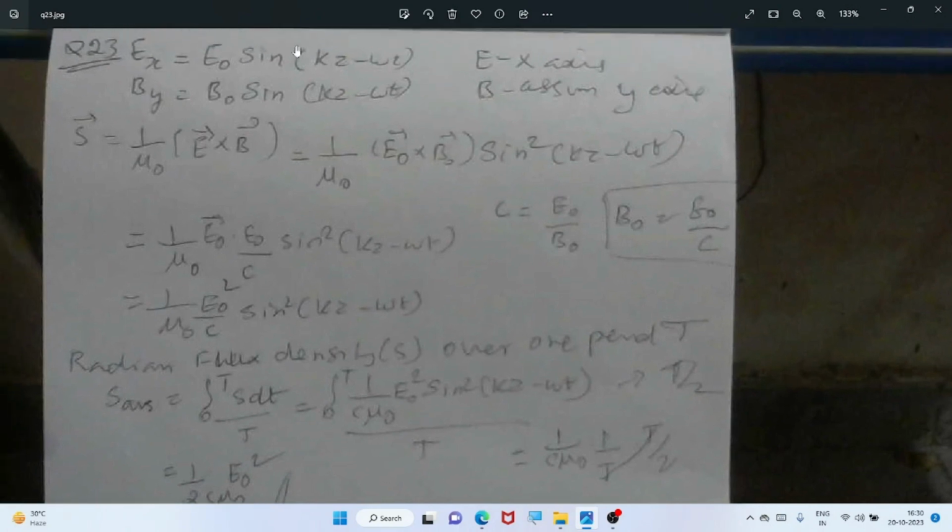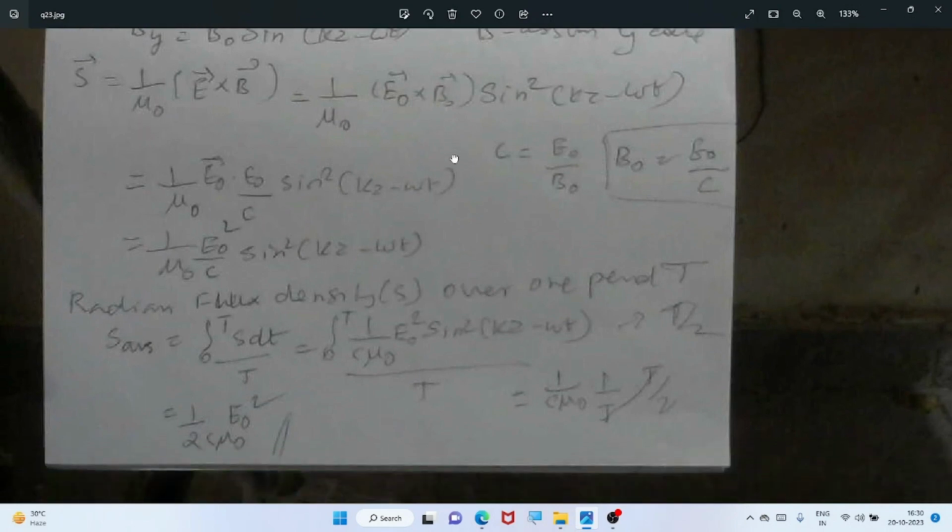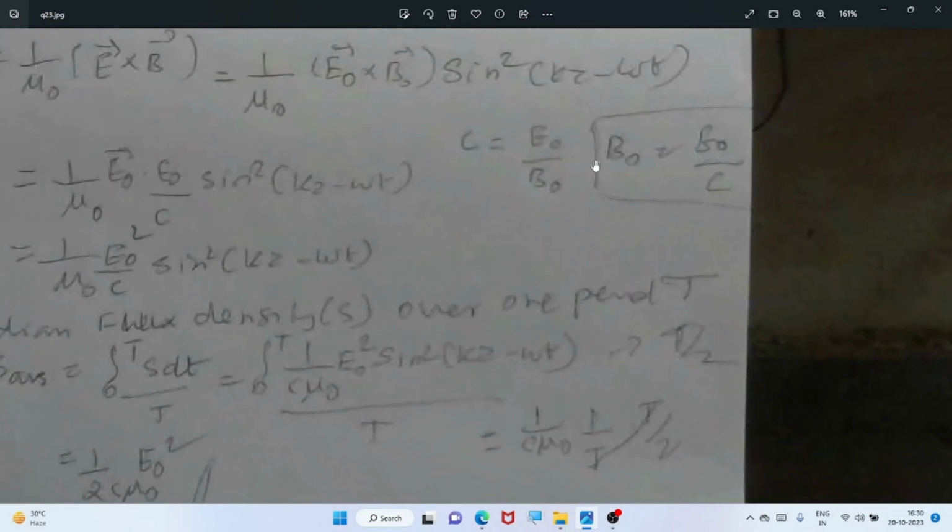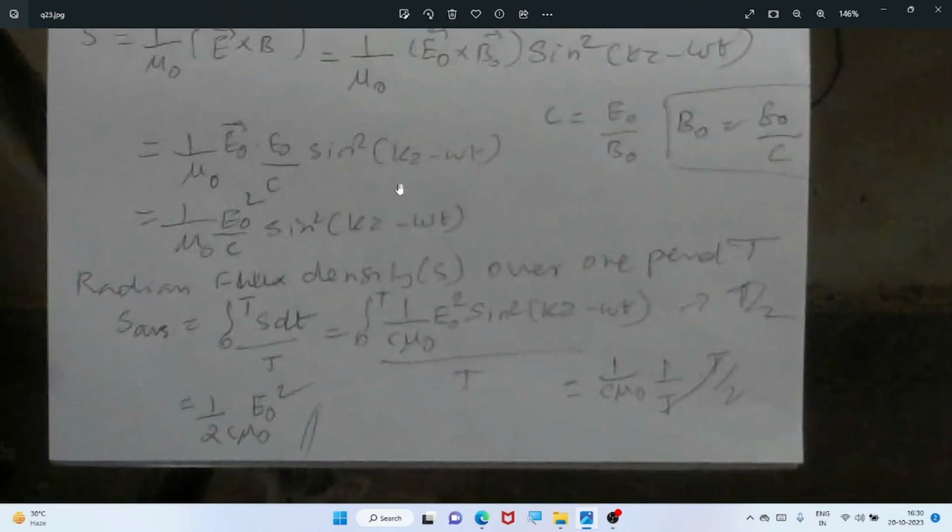Let us assume E is in X direction, B is in Y direction. So this vector and this is the cross product. We are going to use this formula, the electric field, magnetic field component, and the velocity of light relation. After this substitution and simplification, you will get this. 1 by T, this simplification T by 2, T will cancel out and you will get this.